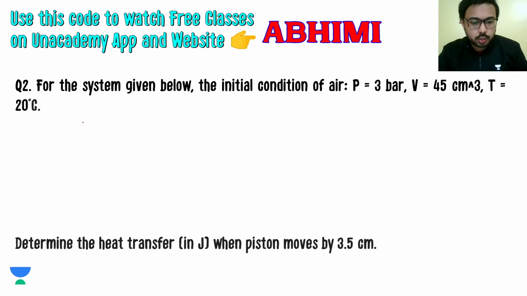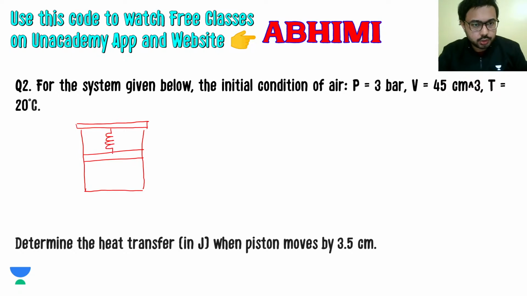So this is your figure. You have this cylinder and the piston is there. So this is your cylinder, this is your piston, and this is your spring which is attached to this piston.